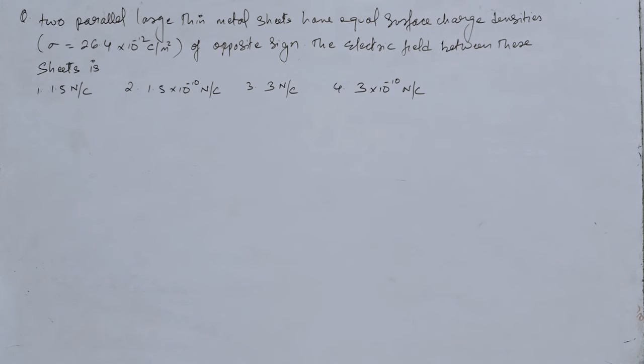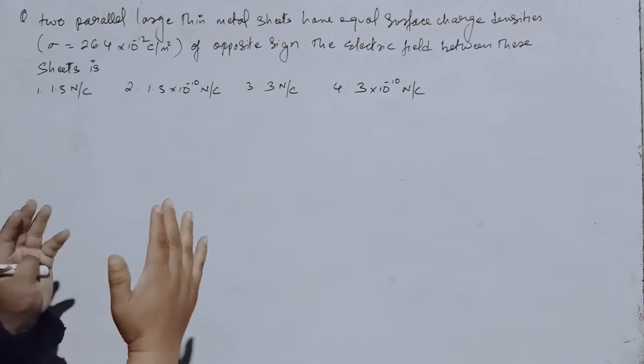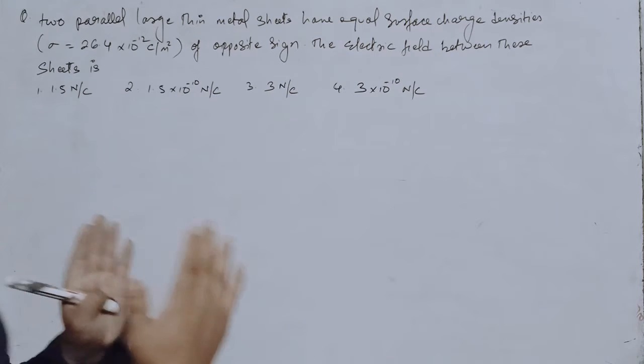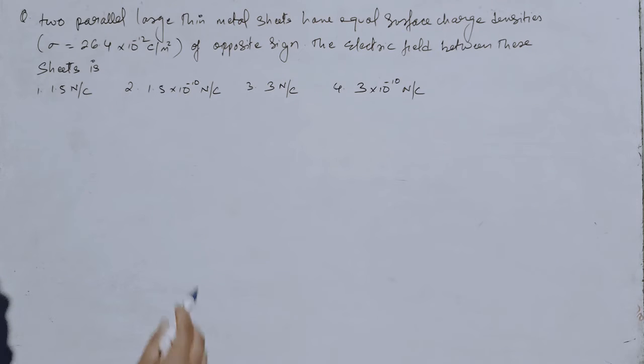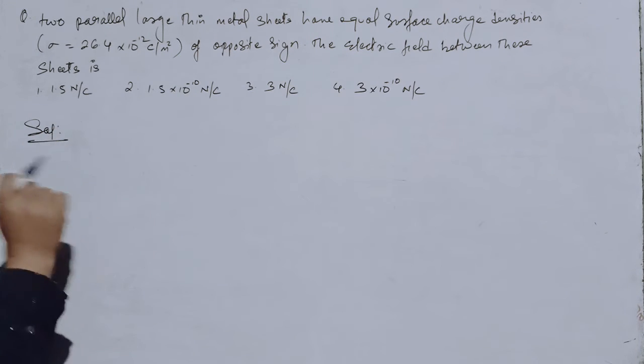So what we have to do: two opposite parallel thin plates are given, and between these two plates we have to find the electric field. Now how to solve this question?